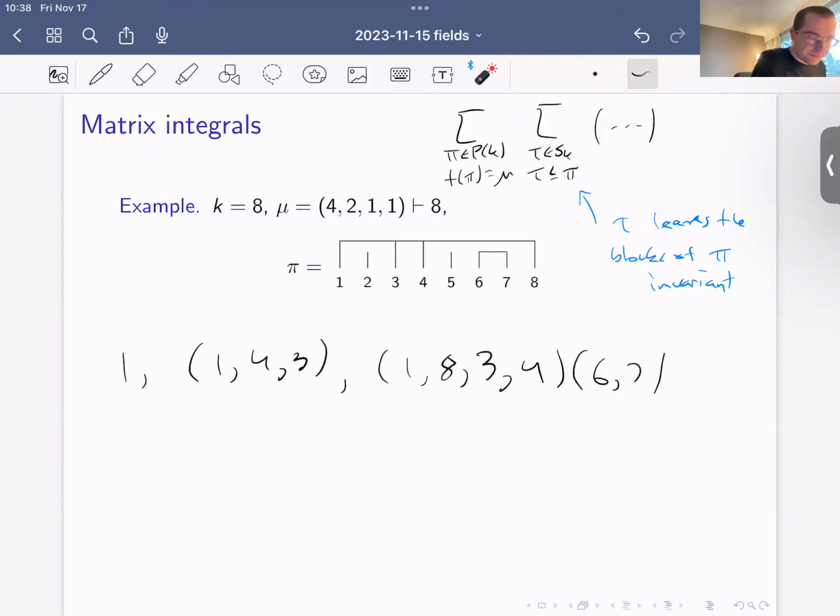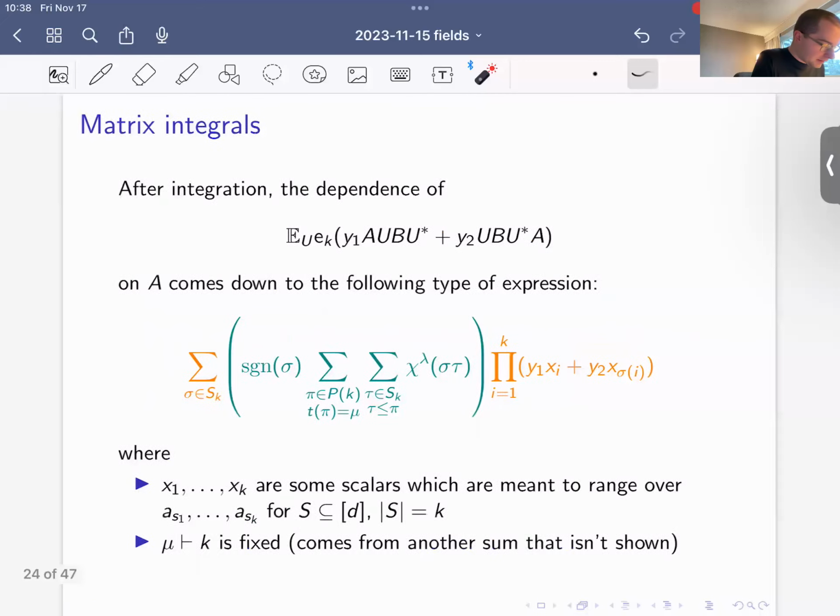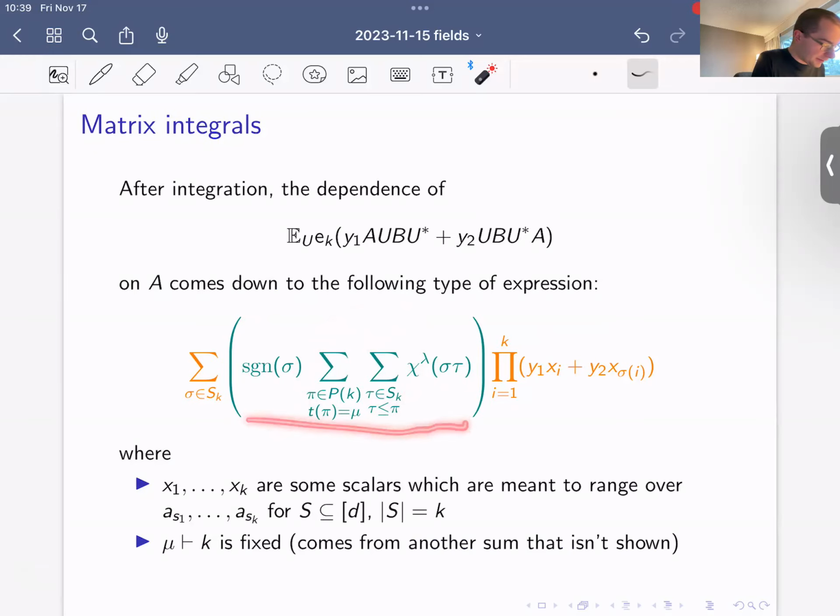So basically the outer sum is summing over conjugates of what's called the Young subgroup of S_k. This is a subgroup that's very well studied in representation theory. And so we can just use that to make these sums go away, and turn this into something more familiar.